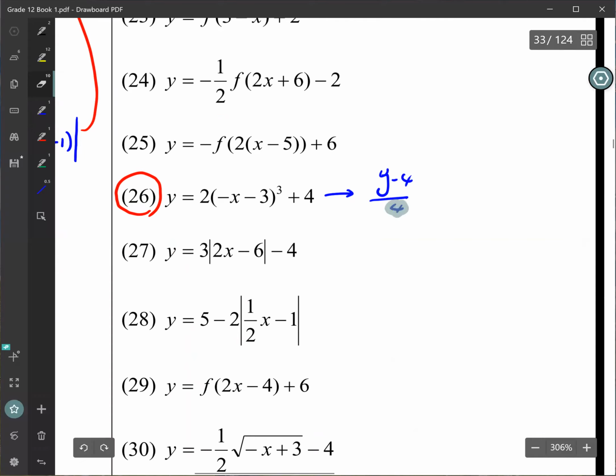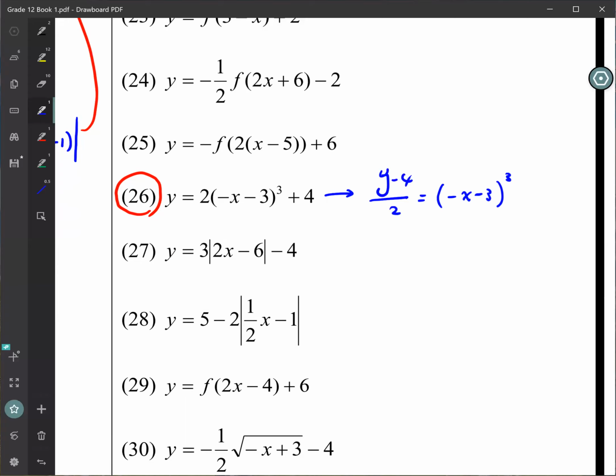Okay, so 2, yeah, and then equals? Equals brackets negative x minus 3 brackets to the power of 3. I didn't change anything. I don't know if I could change it. Okay. All right. Thank you, William. Any other ones?